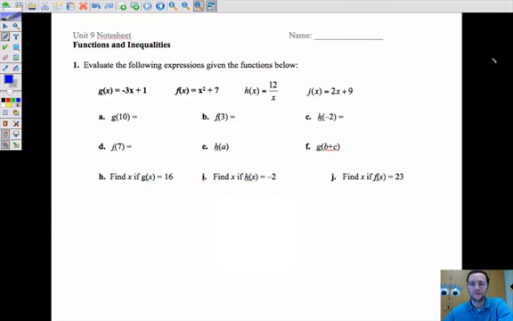All right. This unit is called comparing functions, and it's going to look at the three different types of functions that we've covered this year. We started the year with linear, then most recently we did exponential functions, and then we also did quadratics in between there.